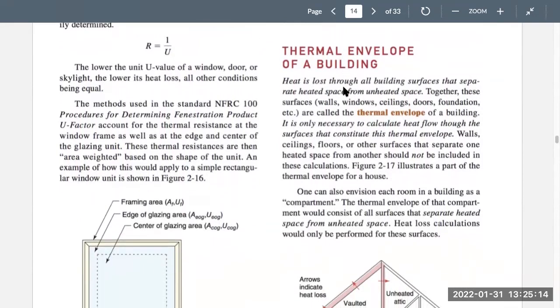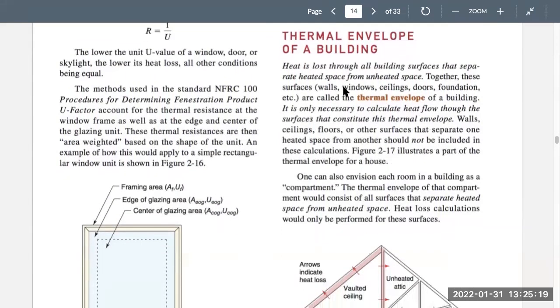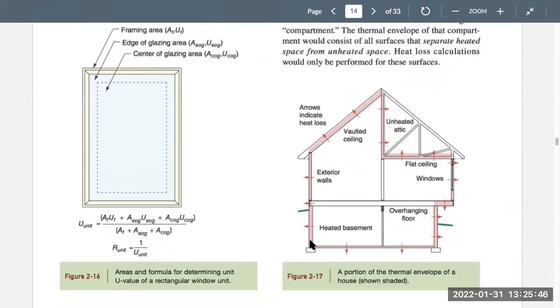Thermal envelope building. This is where we're a little bit ahead of this chapter because we did that calculator and we talked about the walls at length when we were in class on Wednesday. One can also envision each room in a building as a compartment. The thermal envelope of that compartment would consist of all surfaces that separate heated space from unheated space. So we can see in this drawing any of the exterior walls.